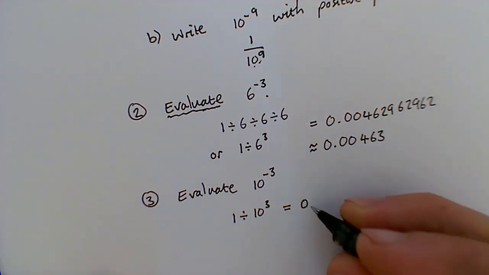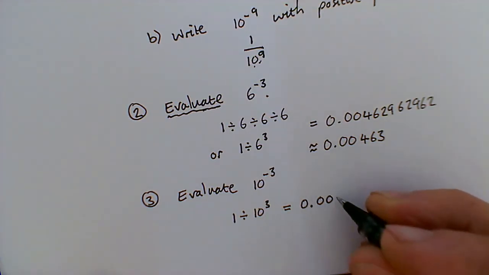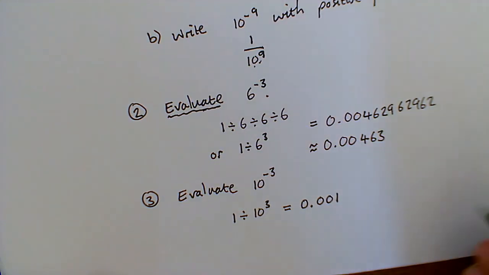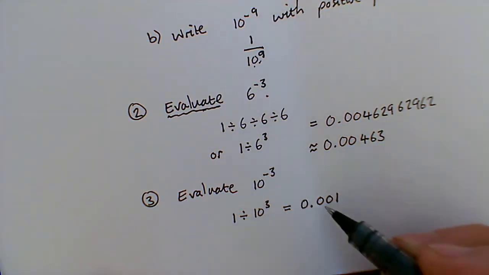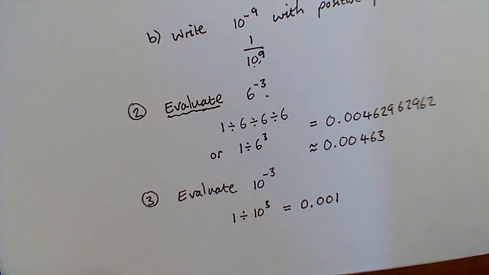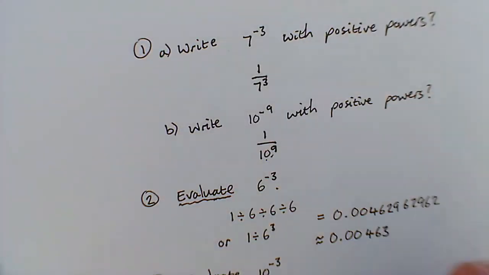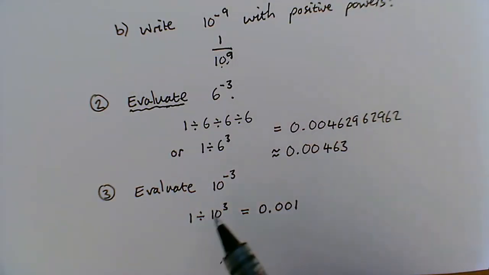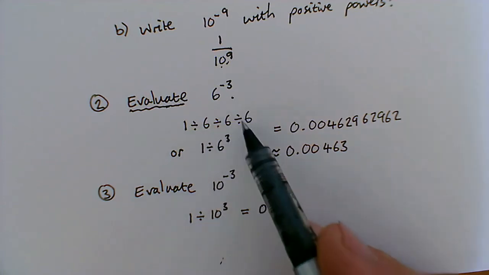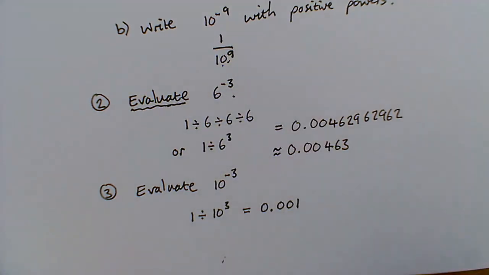So that's going to give 0.001. This link here between these two is going to become really helpful. So I'm just giving you ways to think of what this negative indice means. It means the same as a fraction, and it means the same as dividing by something, however many times that number is. Those two things are exactly the same, and both helpful ways to think of it.